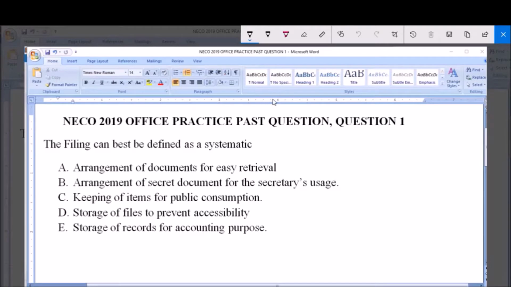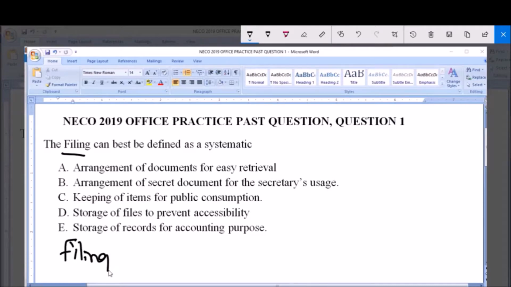Now before we can pick this, let's just simply define filing. Filing is a process in business, used in the office. It's very important.